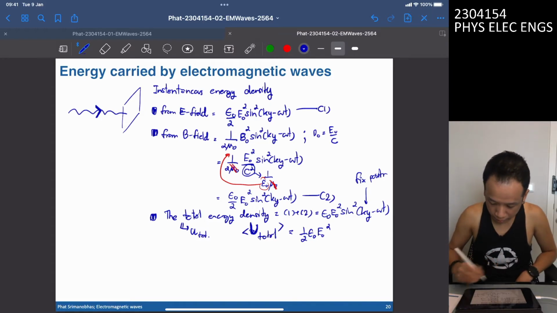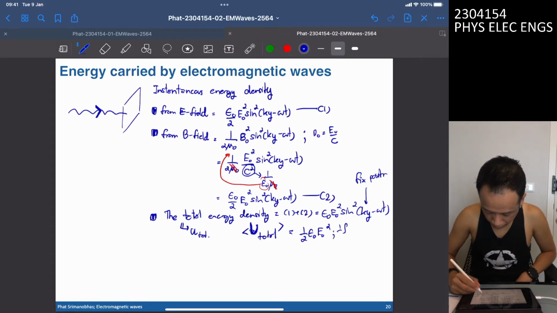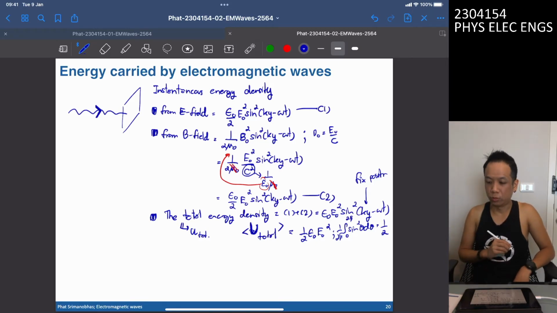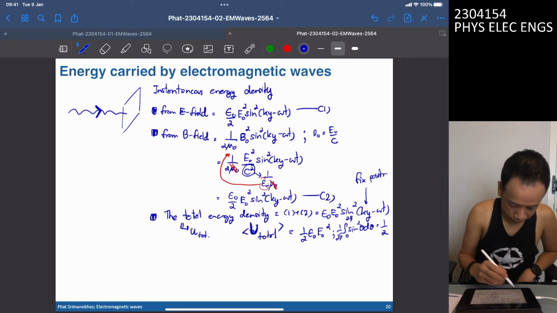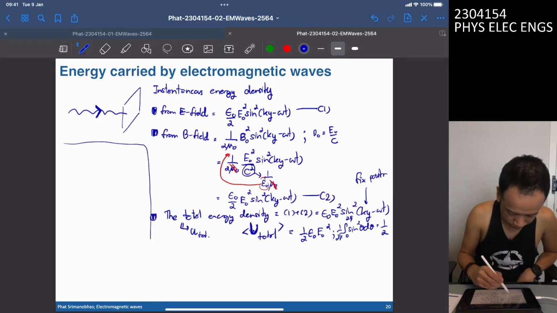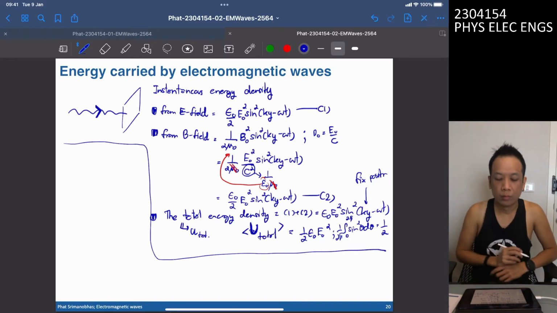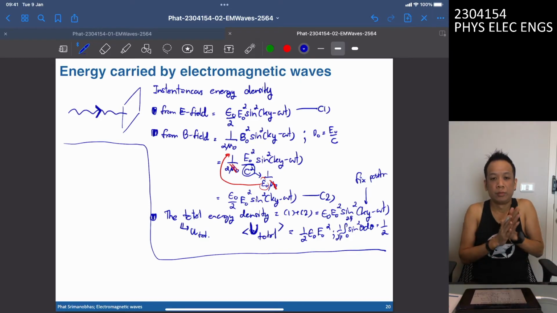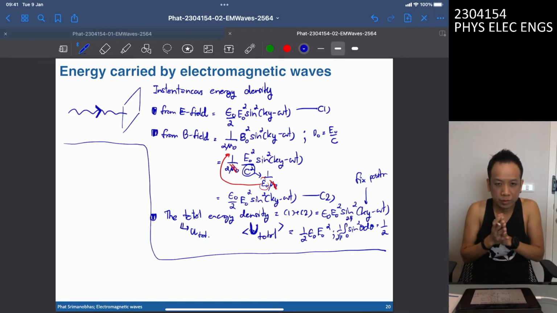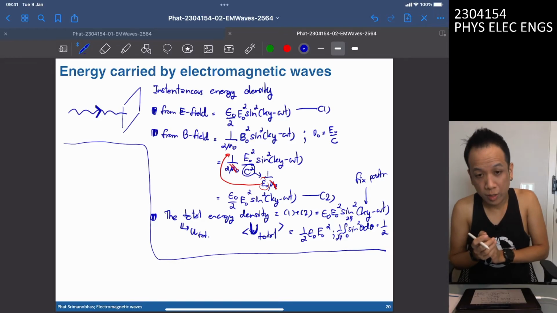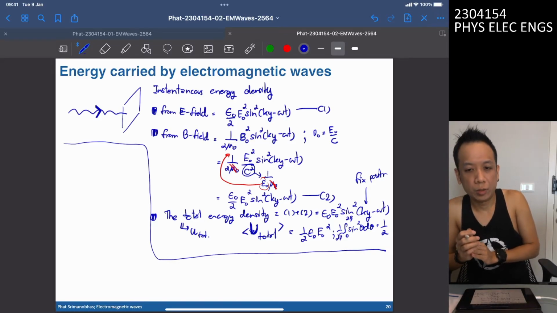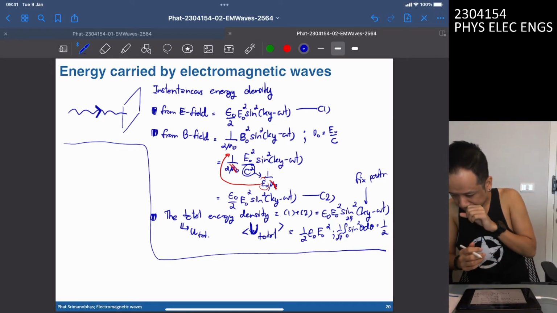Okay, because you integrate sine squared theta d theta from 0 to 2 pi and the average equals 1/2. So now you have the total energy density that reaches the area.